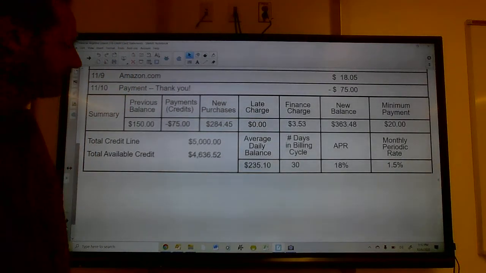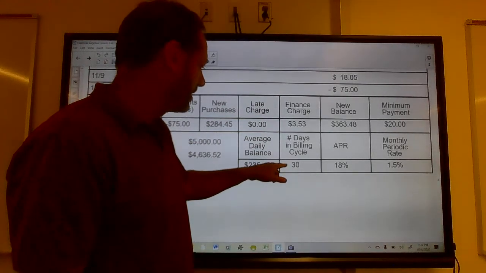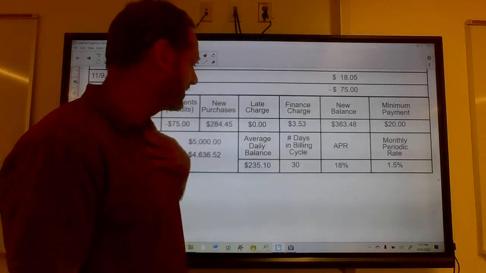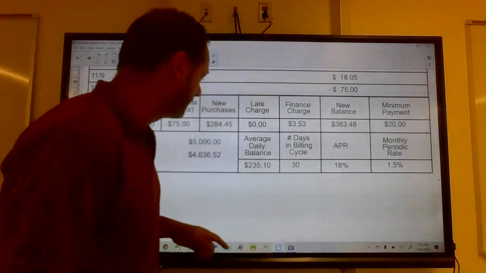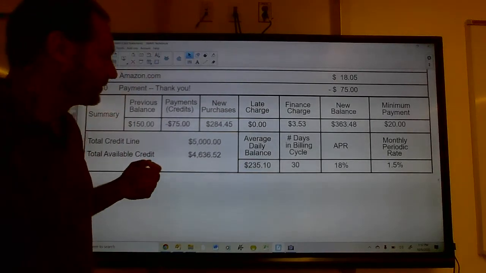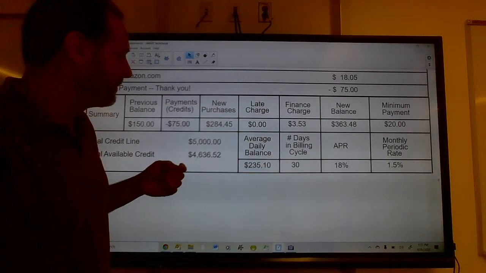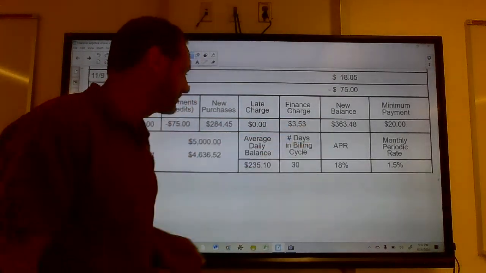Okay. I'm sorry. They take this times the average number of days of billing cycle, and they figure out your percentage. Okay, and that's what your finance charge is.